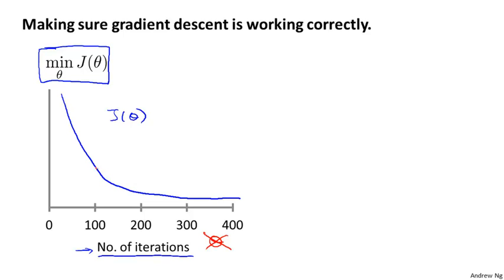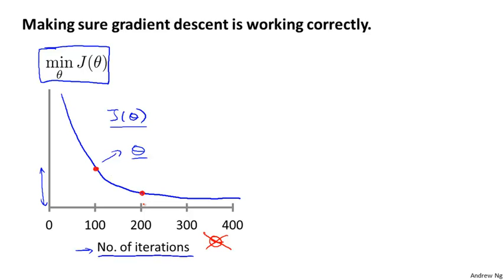Concretely, what this point is: I'm going to run gradient descent for 100 iterations, and whatever value I get for theta after 100 iterations, I'm going to evaluate the cost function j of theta for that value, and this vertical height is the value of j of theta for the theta I got after 100 iterations of gradient descent.